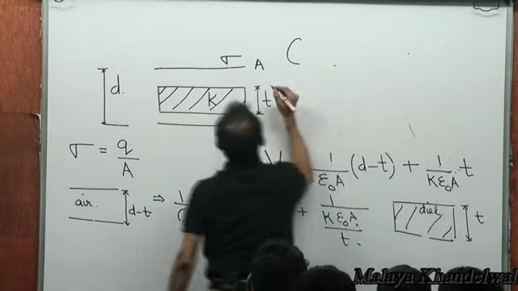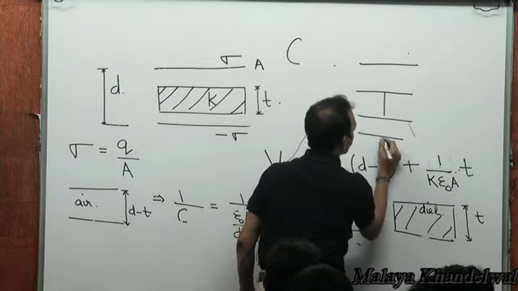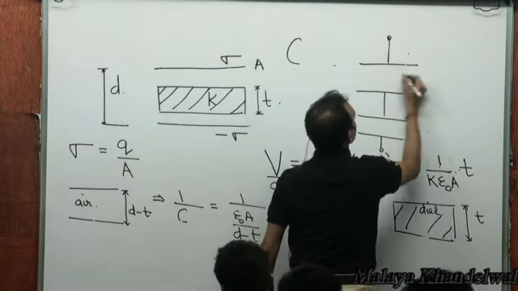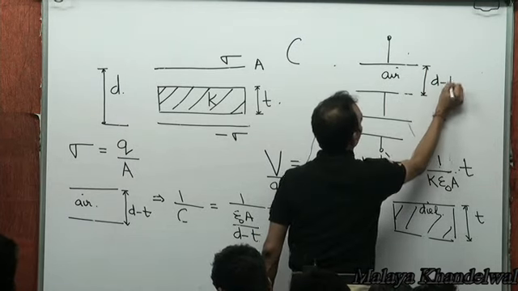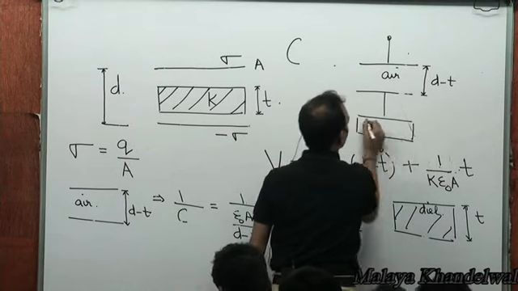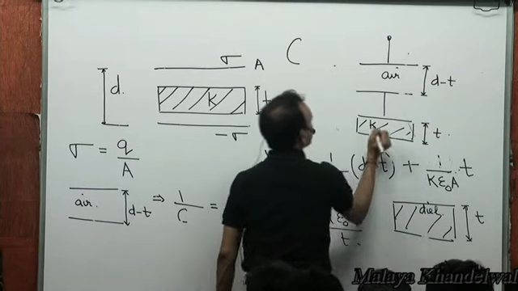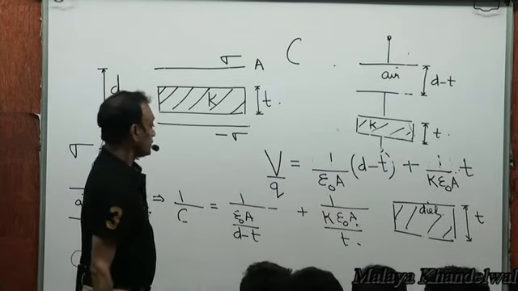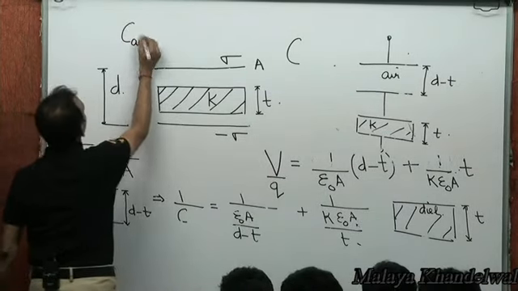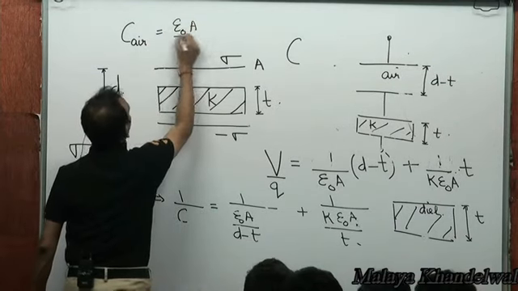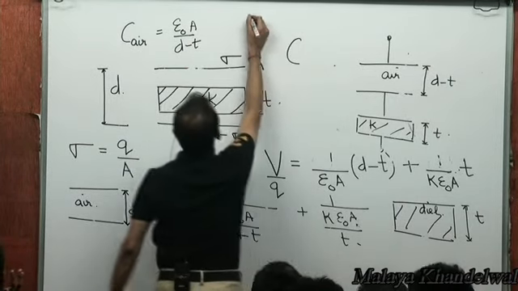So this arrangement is like two capacitors, an air capacitor of separation D minus T, and T units of a dielectric capacitor. Epsilon naught A by D minus T is the capacitance of the air unit, and K times epsilon naught A by T is the capacitance of the dielectric unit.